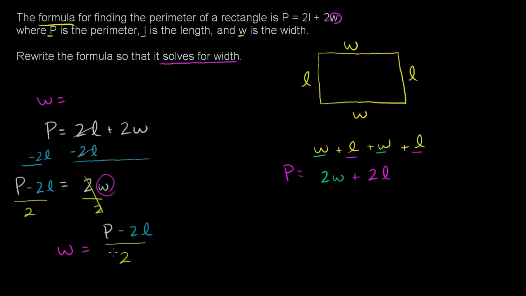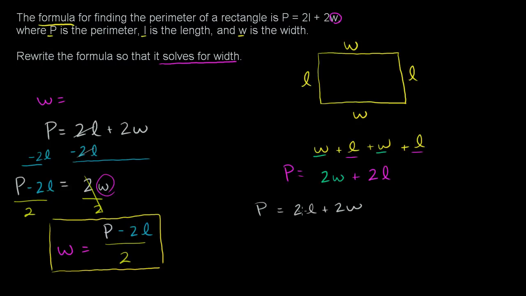There's other ways to write it, though. You might want to rewrite this. So let me square this off, because this is completely the correct answer. But there's other ways that you might have been able to get this answer, or other expressions for this answer. Another completely legitimate way to do this problem, let me write it this way. So our original problem is P is equal to 2L plus 2W.